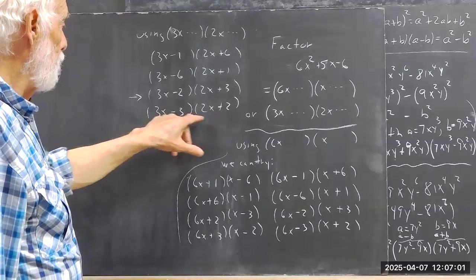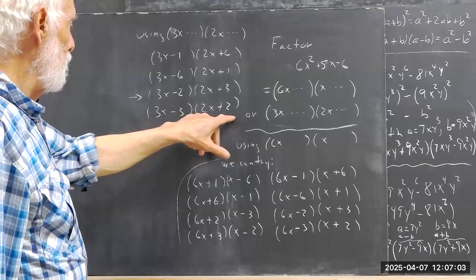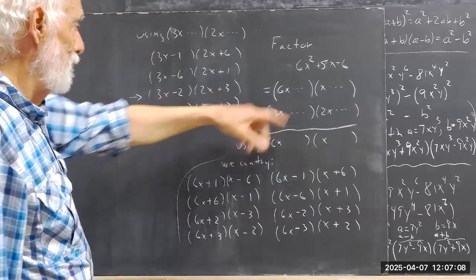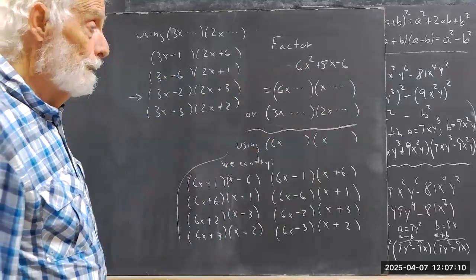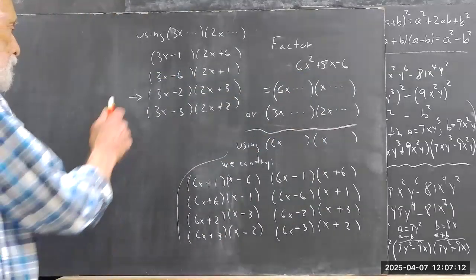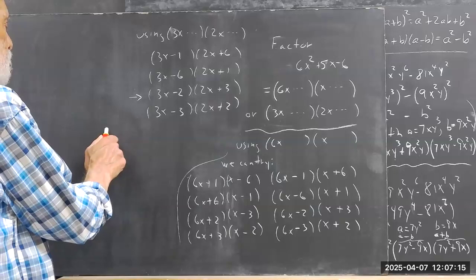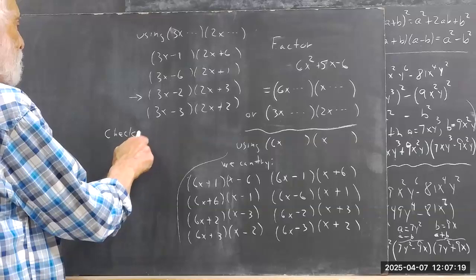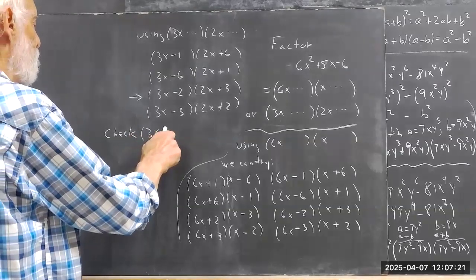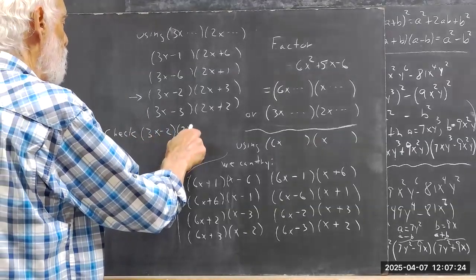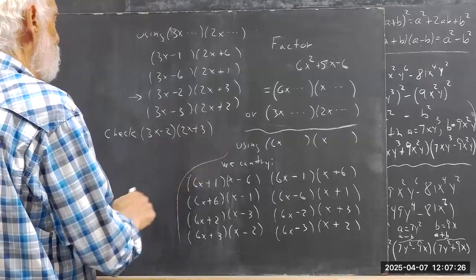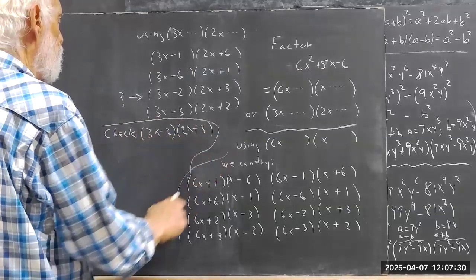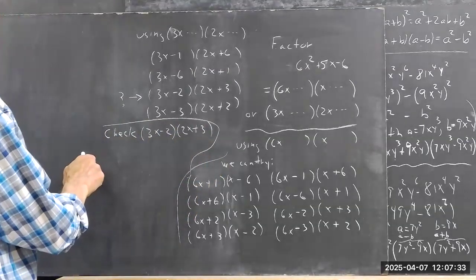And then here we have a -6x and a +6x. That just doesn't give us it. Okay. So let's try. I want to check this out.